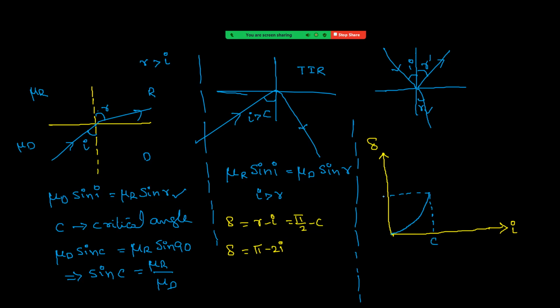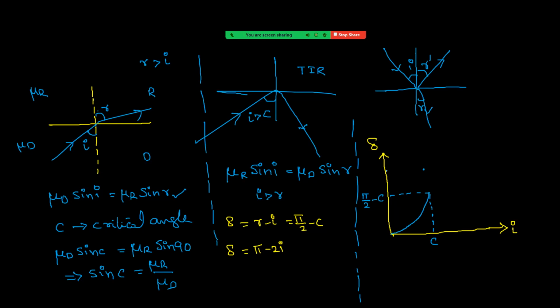For critical angle, deviation will be pi by 2 minus c. And if angle of incidence is slightly greater than c, immediately it becomes reflection. So I'm taking a point somewhere here.